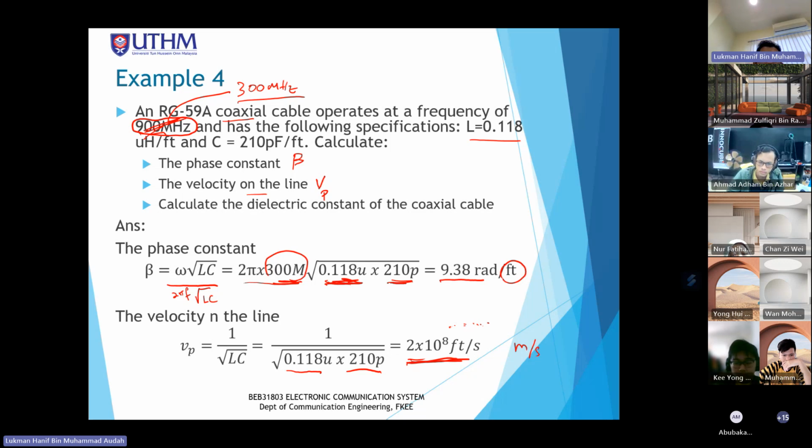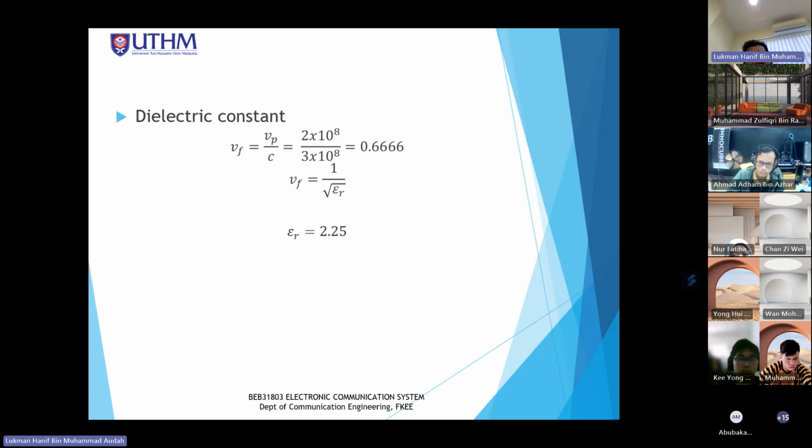Then the question asks you to find the dielectric constant of the coaxial cable, so the question asks you to find epsilon r. We can find epsilon r through the velocity factor parameter, using the equation Vf equals 1 over the square root of epsilon r.